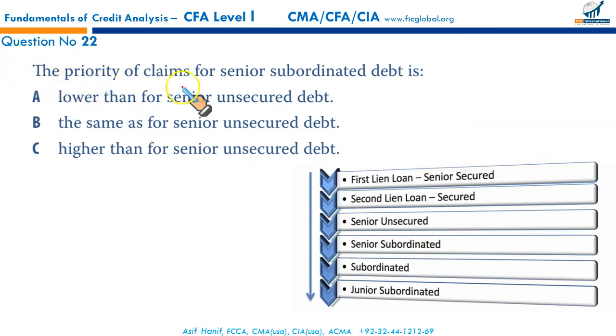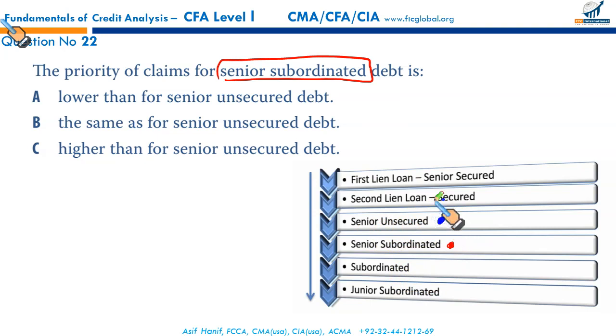the priority of claims for the senior subordinated debt. Now we have the complete ranking in front of us, and applying this concept, where is the senior subordinated debt located in the ranking? Here it is, senior subordinated debt, given in red color. Is it lower than for the senior unsecured debt? Where is senior unsecured debt? This is senior unsecured debt.